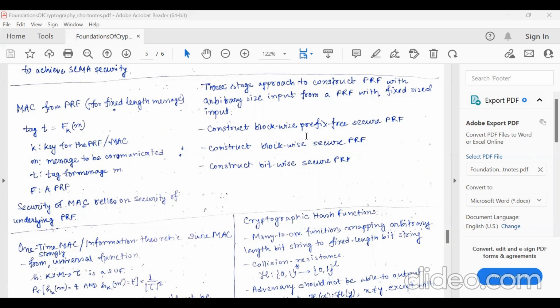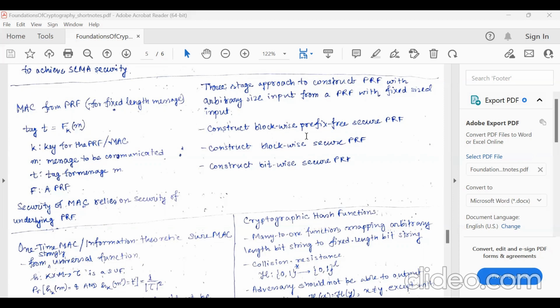Or in other words, the adversary is prefix-free if it is querying the oracle, whereas the oracle can give back the answer as PRF output or truly random output. In that case, the adversary is not able to distinguish the output of the PRF from the output of a truly random function only if the query messages are prefix-free.